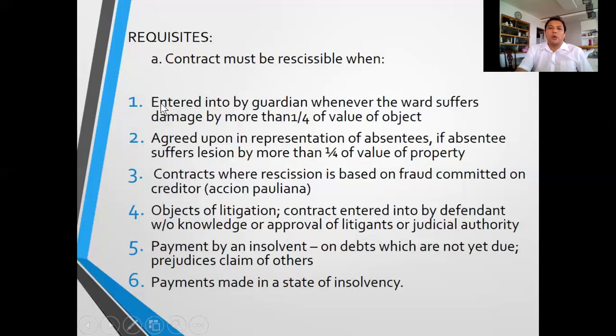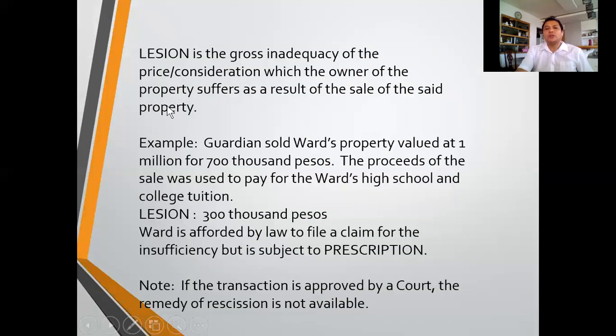Okay, so in number 1 and 2, there is damage or lesion. What is lesion? Lesion is the gross inadequacy of the price or consideration which the owner of the property suffers as a result of the sale of the said property.